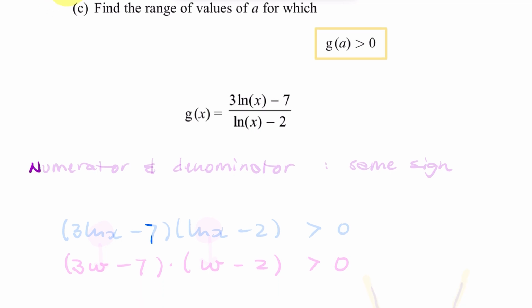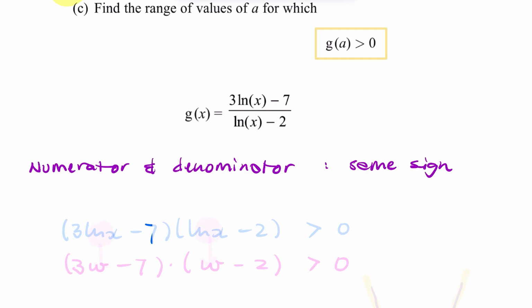So the numerator and denominator should have the same sign, either both positive or both negative. Only that way will g of x be positive.